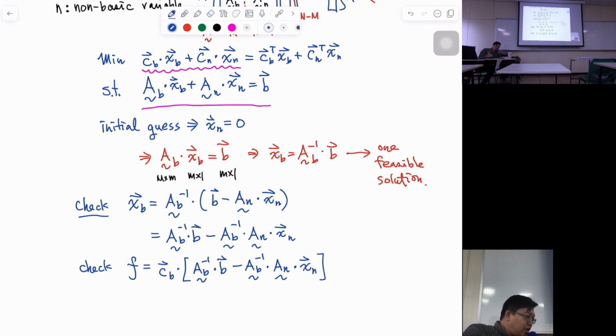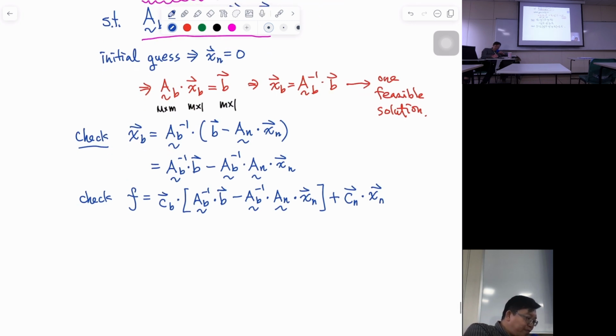You keep the same thing for AN. Now let's expand the whole thing. It's going to be CB AB inverse b, small b, minus CB AB inverse AN dot product xN plus CN dot product xN.